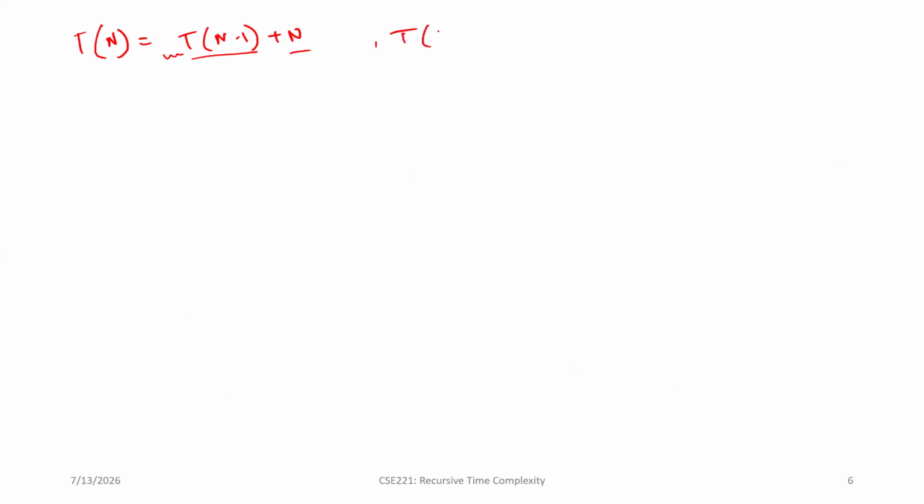And then we always assume that the base case has constant time complexity. Base case can also have other time complexities sometimes, but let's assume that it doesn't. It has constant time complexity. So solve this to practice the substitution method. And you can make far more examples by yourself.